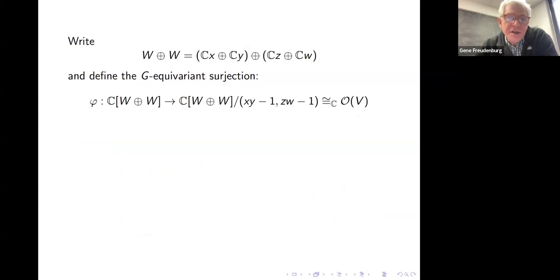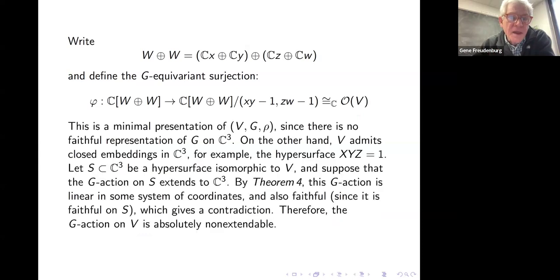And then define the G-equivariant surjection by taking the quotient of the two invariants xy minus 1 and zw minus 1. This is a minimal presentation of the action on V, since there is no faithful representation of G on C3.